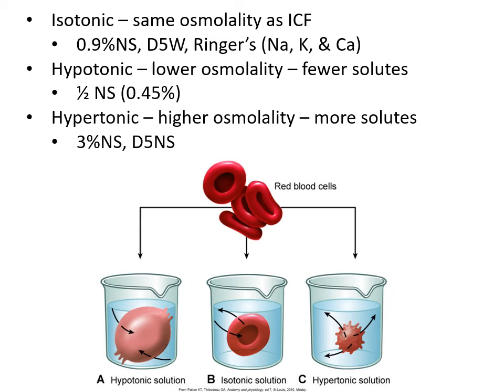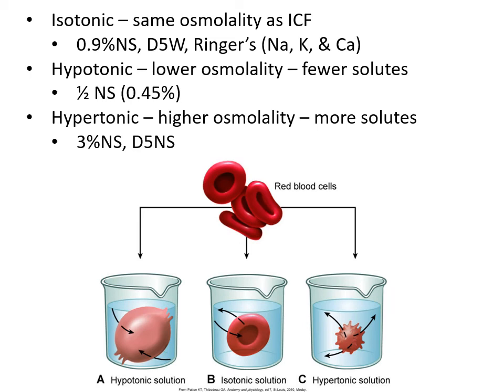So normal saline has sodium chloride in it. So it's basically just salty water. We use it all the time. And at the concentration of 0.9%, it's isotonic to the intracellular compartment.